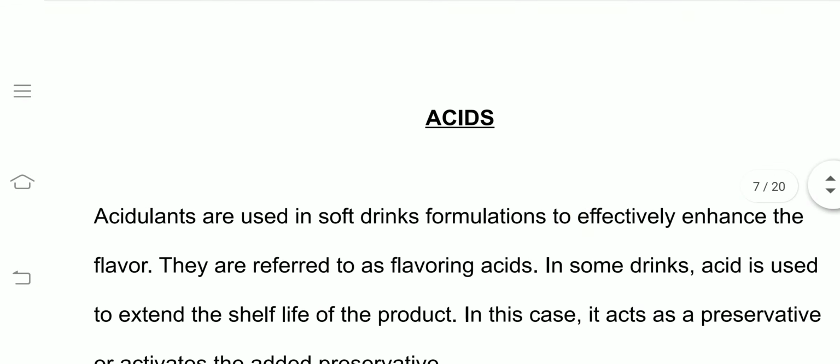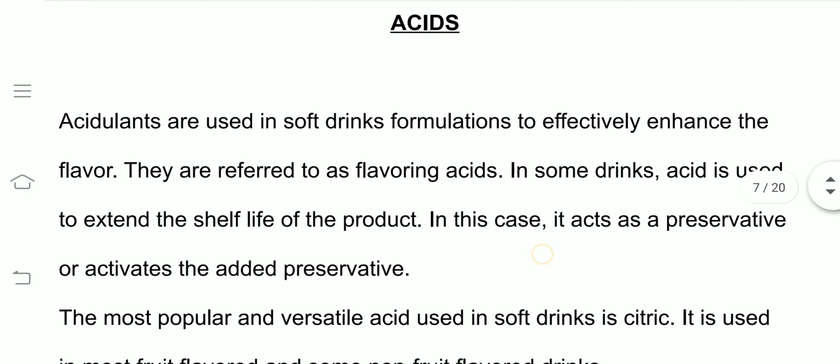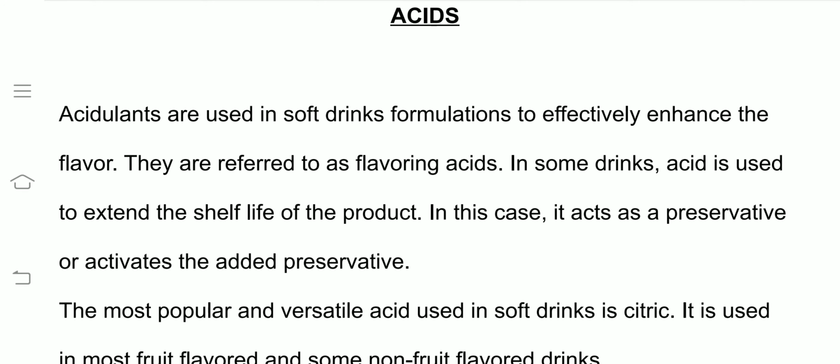Now, the next ingredient is acid. Acidulants are used in soft drinks formulation to effectively enhance the flavor, and acidic flavor is the USP of soft drinks, especially carbonated soft drinks, because the combination of carbonation and acid creates a fizz which is desirable for consumers.